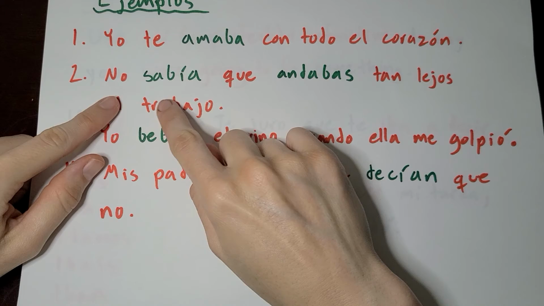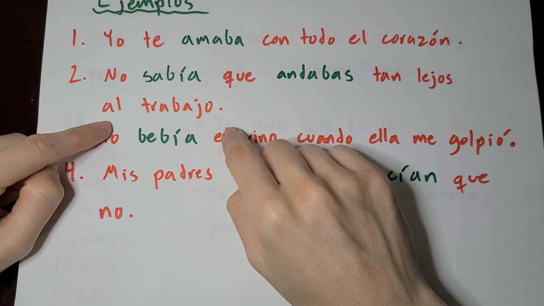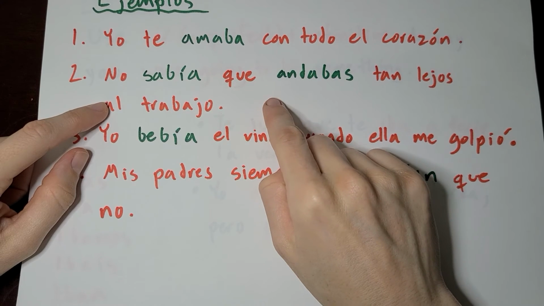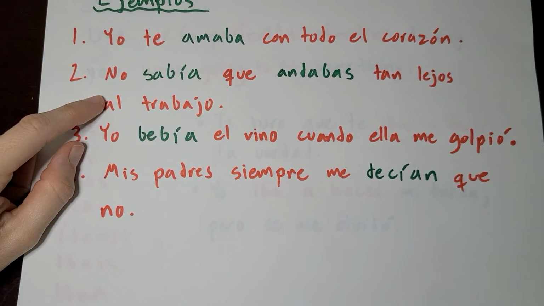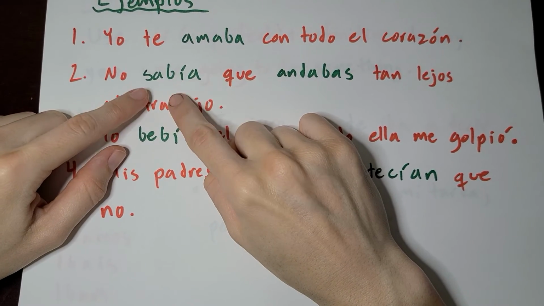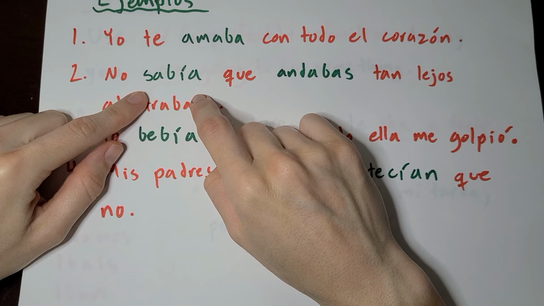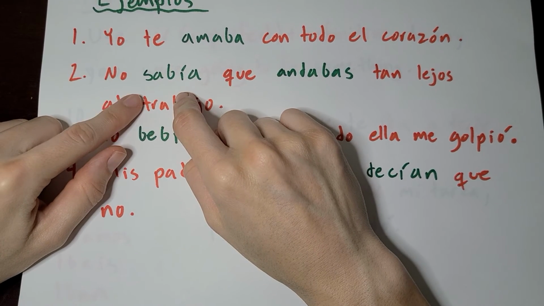Number 2. No sabía que andabas tan lejos al trabajo. I did not know that you walked so far to work, or that you used to walk so far to work. So sabía, we didn't go over this one in particular, but sabía is the imperfect tense of saber, which means to know. So to know something, knowledge.